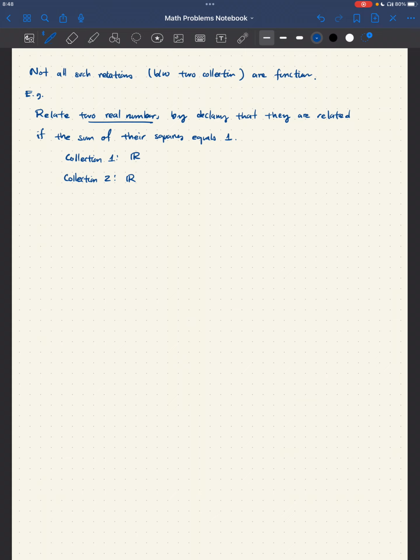Okay, so the question is: is this relation a function from collection 1 to collection 2? Well, the answer is no. That's the whole point of this example. And we can apply either of the following two arguments.